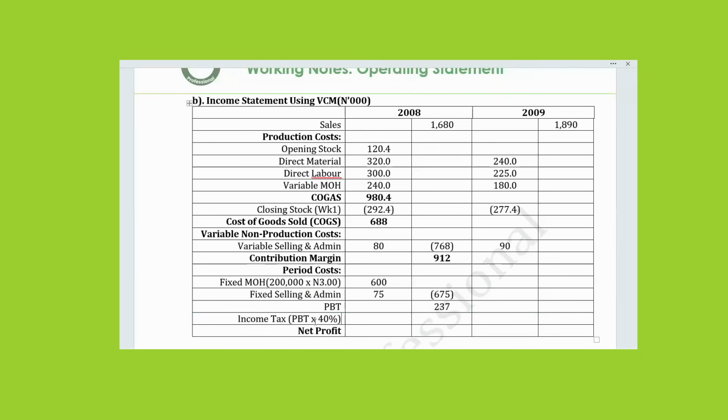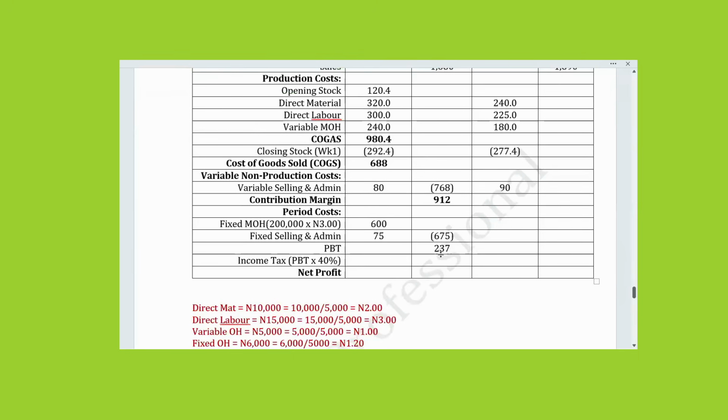You can see it's not difficult. Just know what you are doing. What's 40% of 237? 94.8. So what's the final answer? 142.2. That's the net profit for 2008.